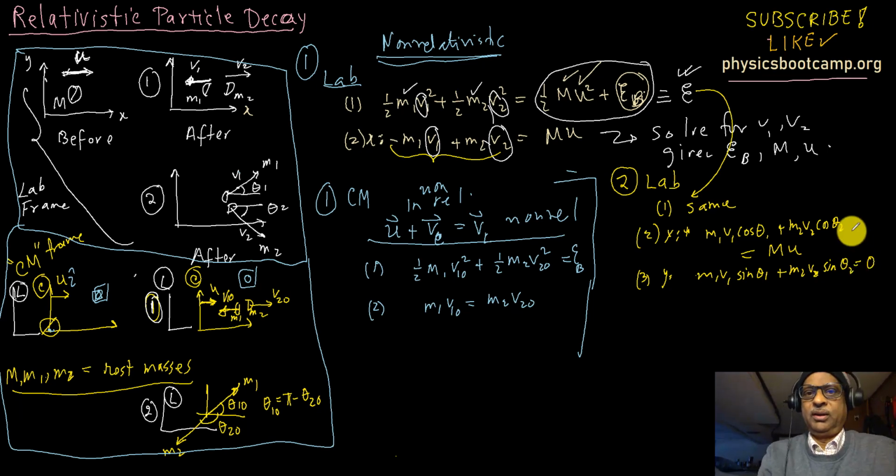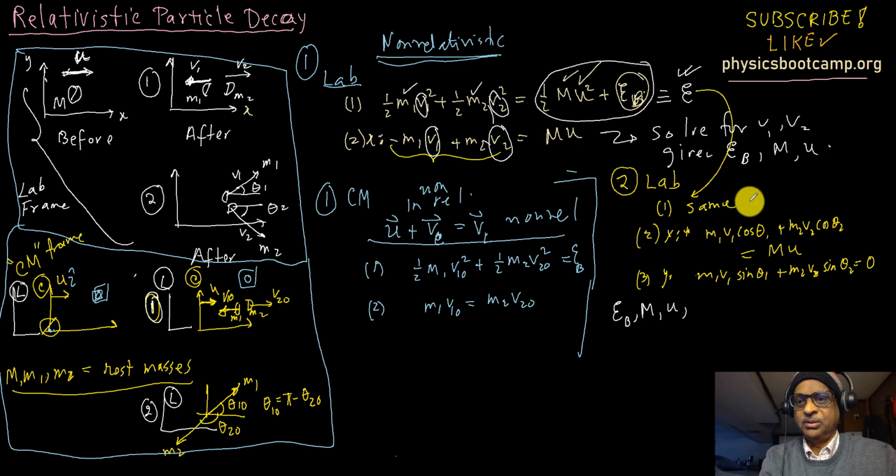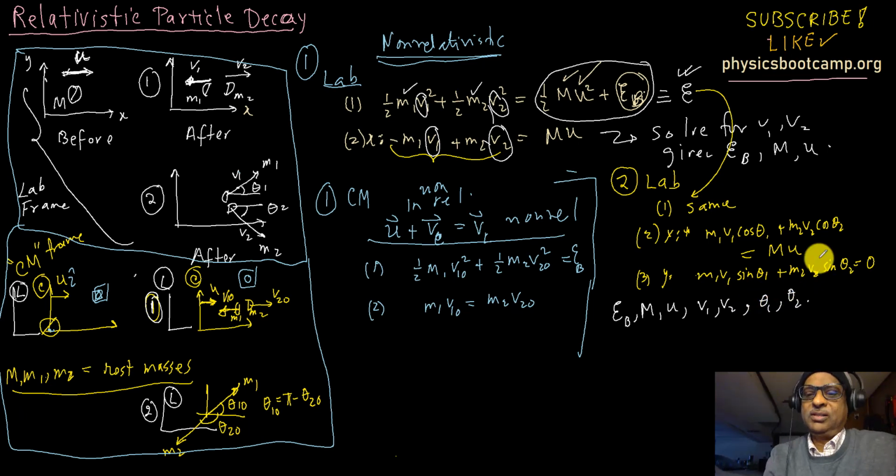So now we actually introduce a whole bunch of unknowns: EB, M, U. So it's the same unknowns as before, V1, V2, and then we have introduced theta 1, theta 2. You can see that I just have 3 equations and a whole bunch of unknowns, right?